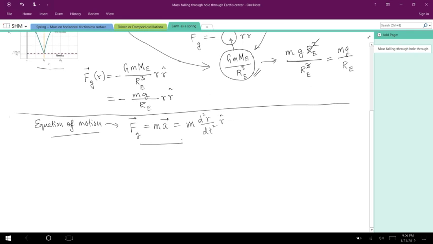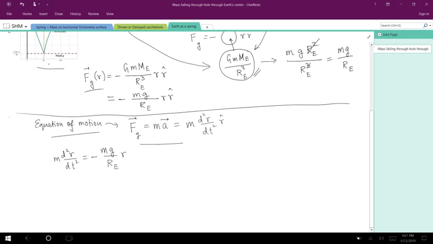So now we can take this and put this together with our previous expression for the gravitational force, and then we get m d2r/dt2, and I'm going to only write the scalar parts of this equation. So m d2r/dt2 equals negative mg over R_e times r.